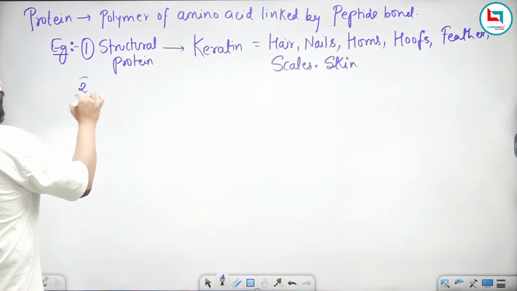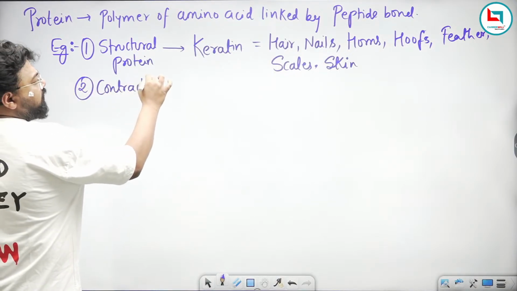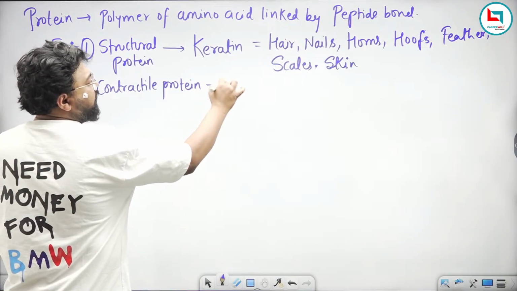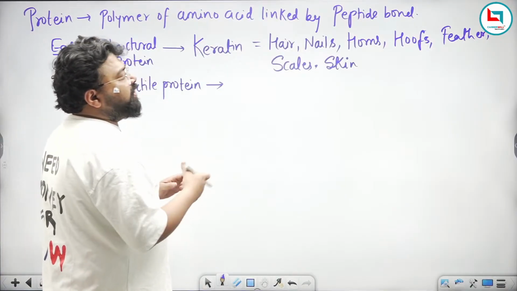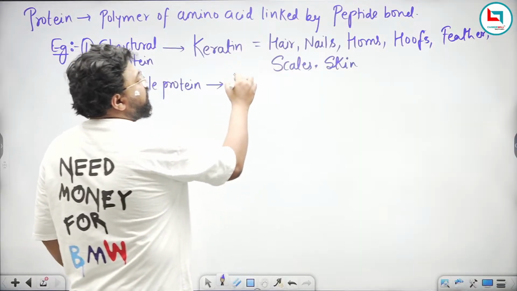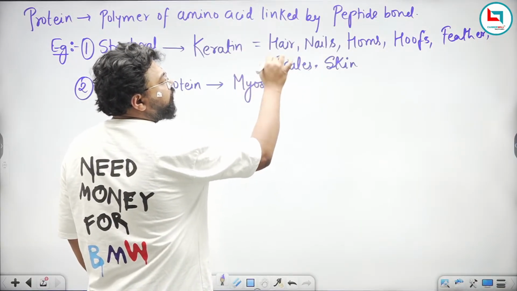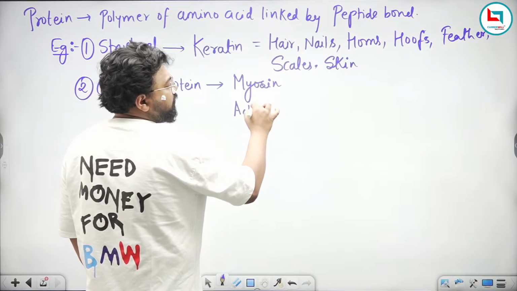Next thing is contractile protein. These are the proteins with the help of which our body starts moving, basically responsible for movement and locomotion of our body. These proteins are known as myofilaments or muscle fibrils: myosin and actin.